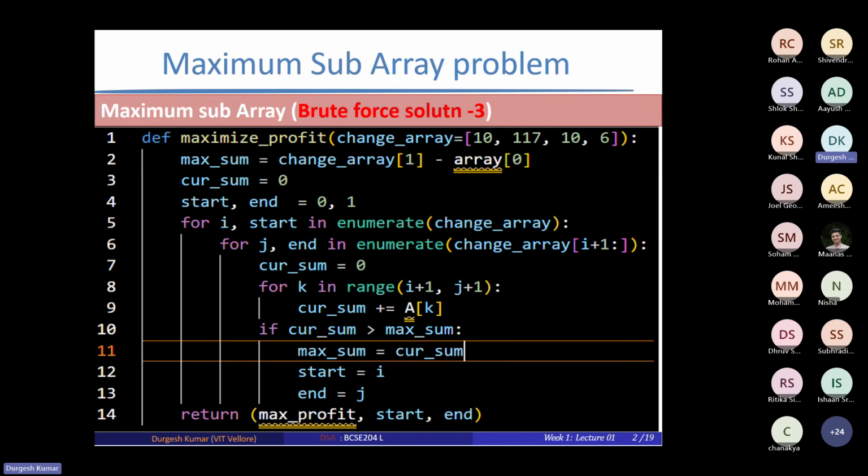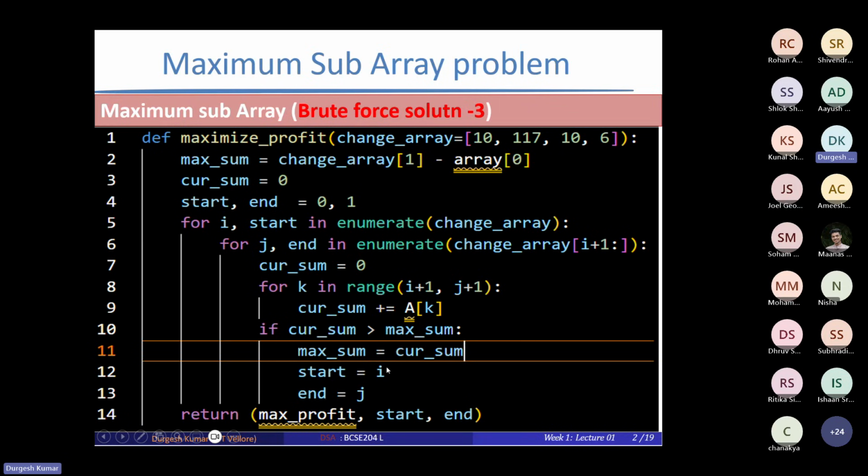So moving on. Here, curr sum equals 0, start, end equals 0, 1. For all the pairs i and j, starting from i plus 1, there is a third variable k that will loop from i plus 1 to j plus 1. Find the sum. If this curr sum is greater than or equal to max sum, then we reset max sum, and we reset start and end.